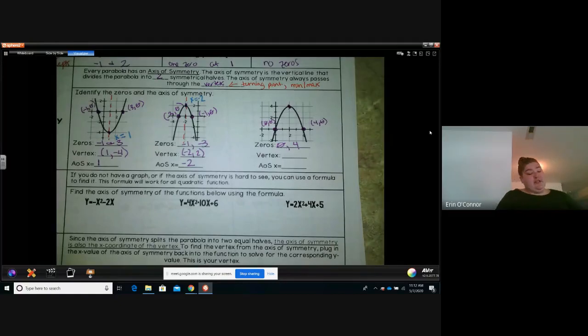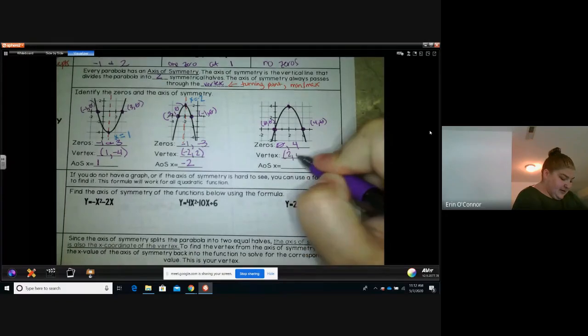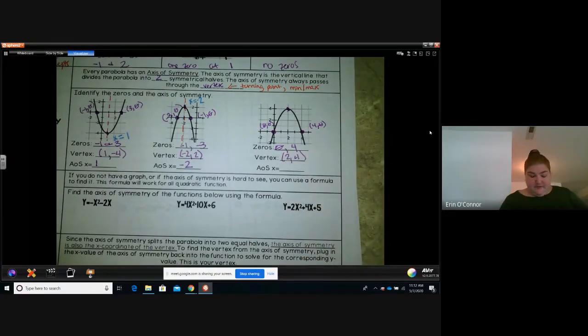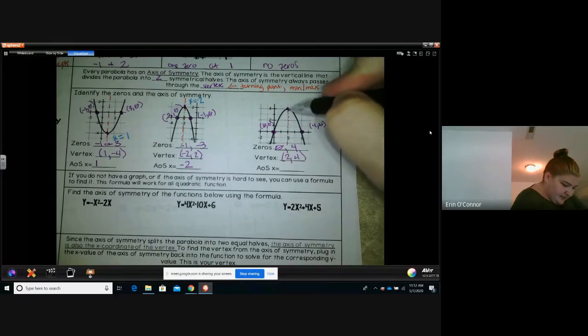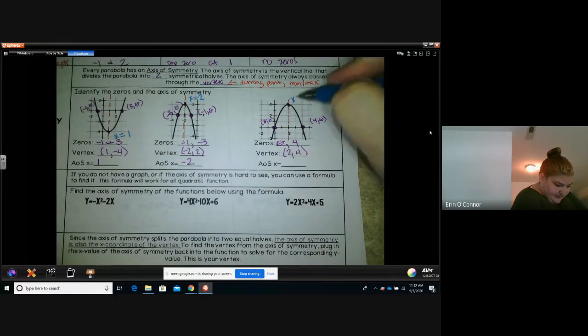It's down, so this has a maximum vertex or turning point, and the a is going to be negative, and this point is at 2, 4. And like I just said, our axis of symmetry should be at 2, but let's double check this. If we draw an imaginary line, and imaginary lines are always dotted, think of our exponential asymptotes. This is going to be at x equals 2.